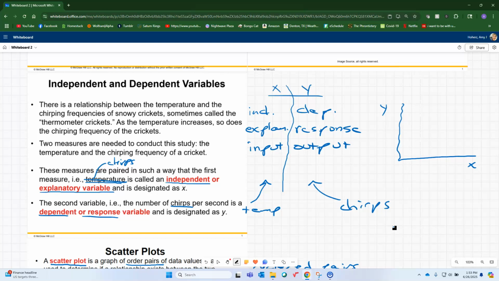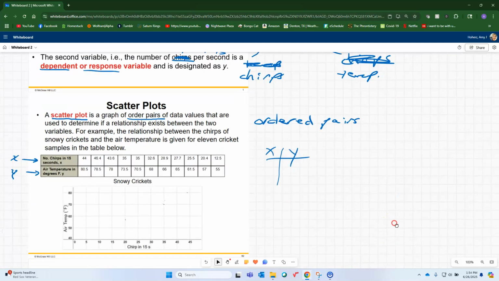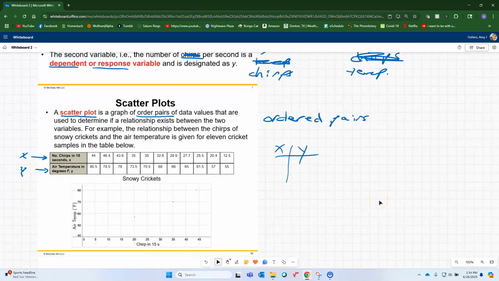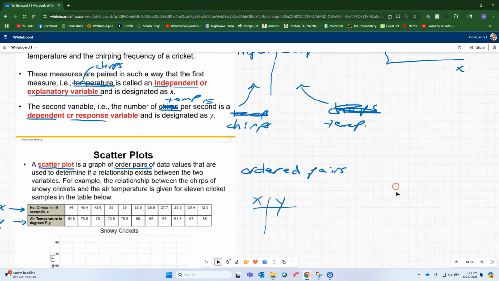The chirps is the input, and the temperature is the output, and it's per 15 seconds. So they're saying if I know how many chirps there are, I can determine the temperature. Thus the name thermometer crickets. You can figure out what the temperature is if you can count the chirps.